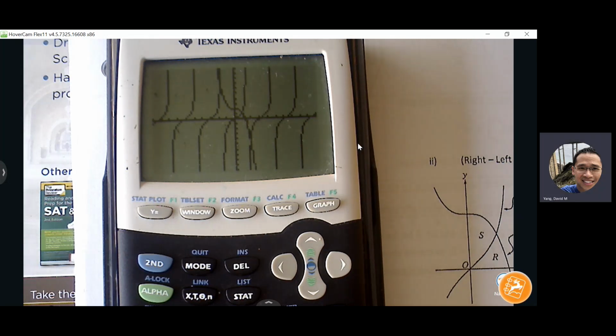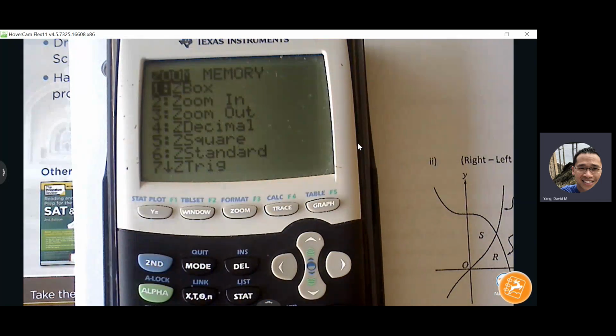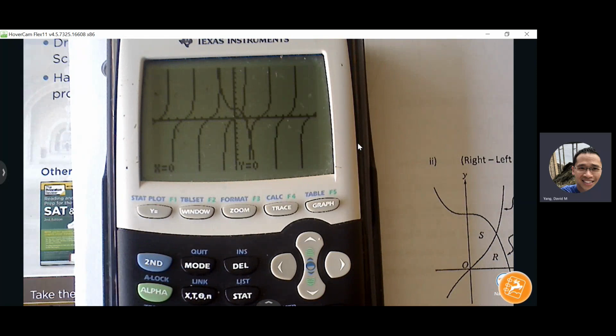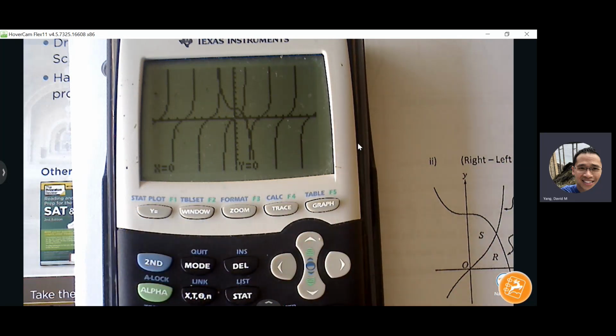Okay. Now, we can adjust the windows ourselves, but we can also use this feature here. If you go to Zoom, you see that Z box. So you can click on that. So Zoom 1. Now there's going to be a cursor, and you're going to move the cursor to where you think is the upper corner of the box that you want.